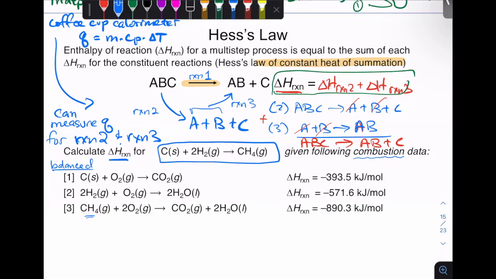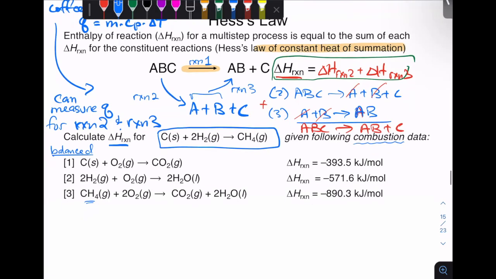What is there in reaction 1 that we need in our final reaction? What do you see? Carbon, oxygen, or CO2? We need carbon, right? And how does carbon exist in equation 1? It exists as a reactant, and there's 1 mole of it. And that's exactly what we have in the reaction we're trying to describe: 1 mole of carbon on the reactant side. So we don't need to manipulate reaction 1 at all.